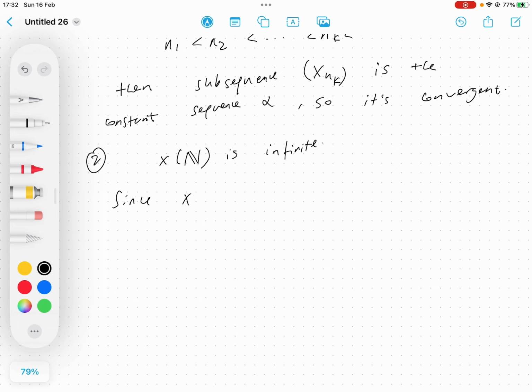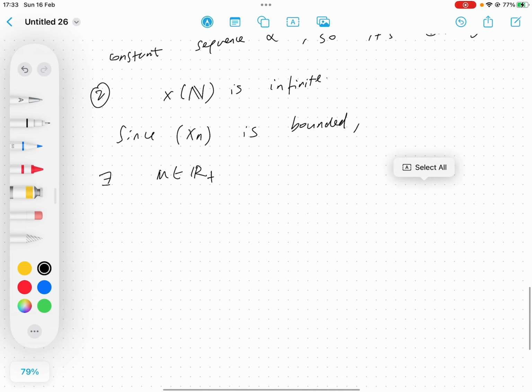So since x_n is bounded, there must exist some positive real number, let's simply say M, where this M is a positive real number such that from minus M to positive M, those are the boundaries for this x_n.